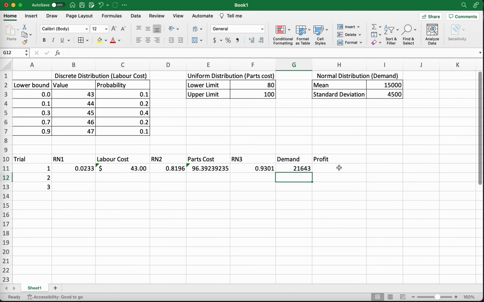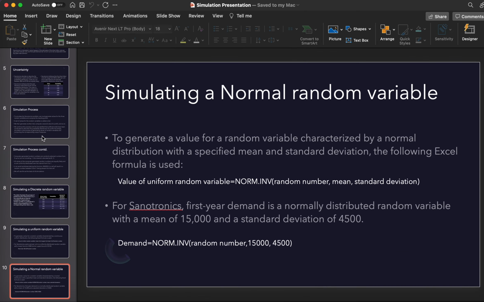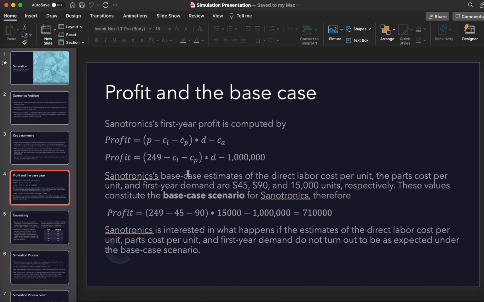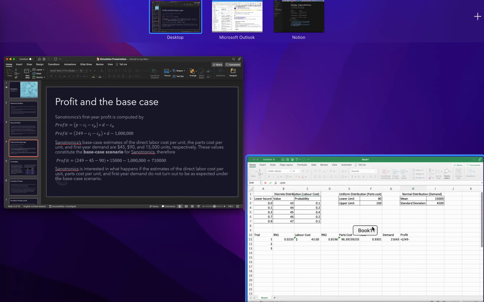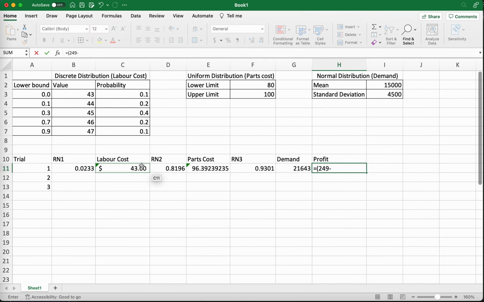So with that, now I can calculate profit. The price value is 249. If you remember, the formula for profit was 249 minus the labor cost minus the parts cost, all of this times the demand, minus the fixed cost, which is $1 million. So it's 249 minus the labor cost minus the parts cost, right?